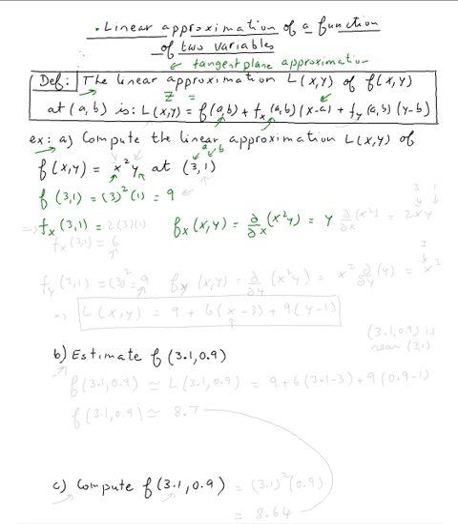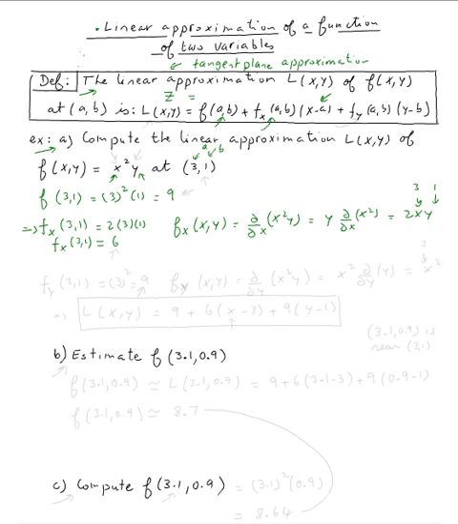Since y is a constant, I can take it outside. Now this is going to be 2x times y. Therefore the partial derivative with respect to x at (3,1), I'm just going to plug 3 into x and 1 into y. So that's going to be 2 times 3 times 1, which is 6.